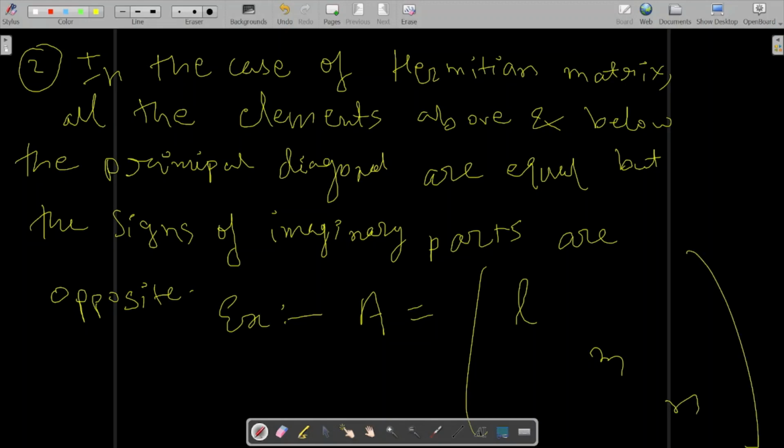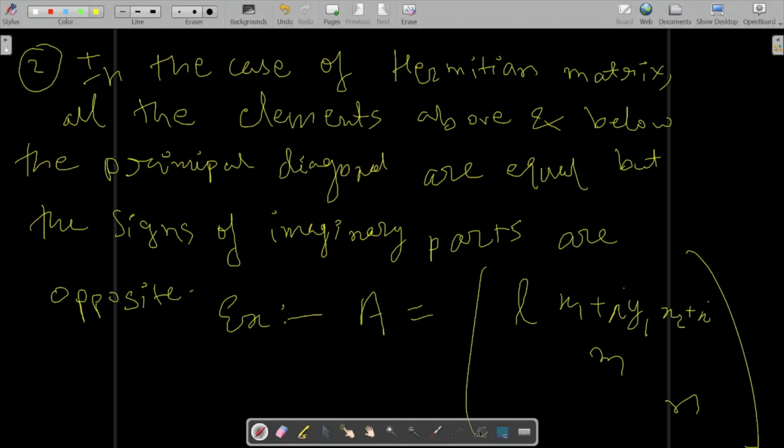It is a property of a Hermitian matrix that all the elements above and below the principal diagonal, this is your principal diagonal, are equal. So the elements above and below the principal diagonal will be equal, but the sign of the imaginary part will be opposite.